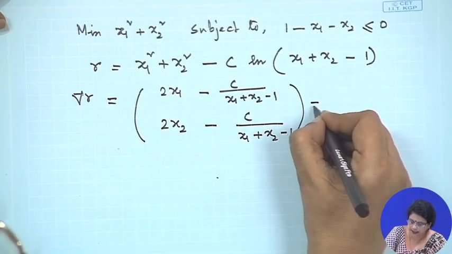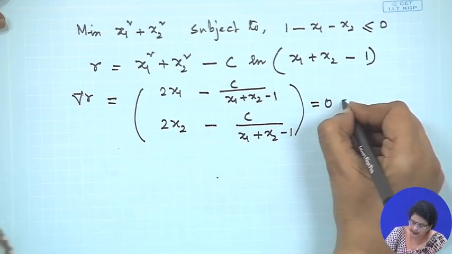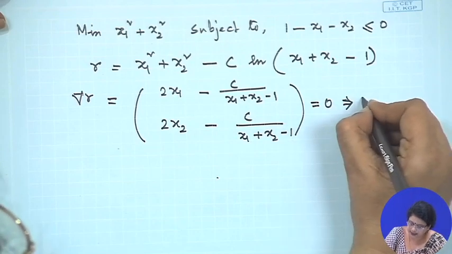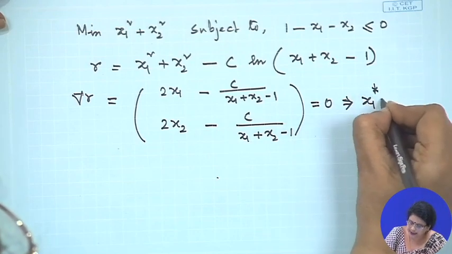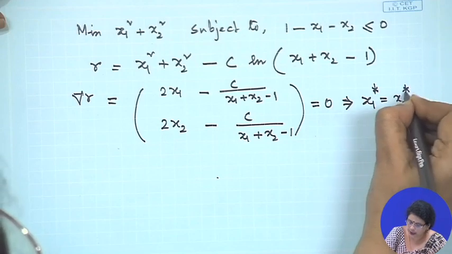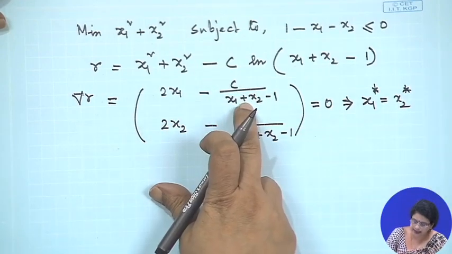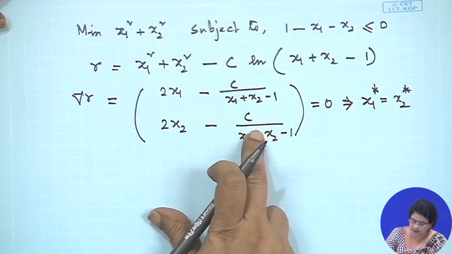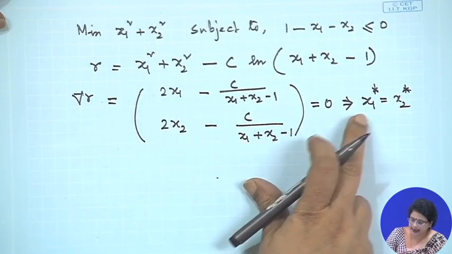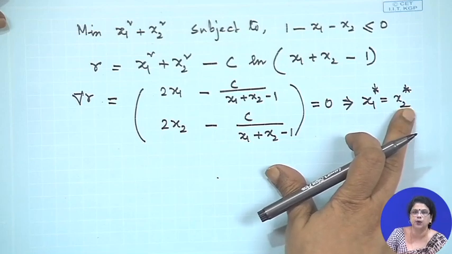This must be equal to 0, and this gives at the optimal stage x1 star must be equal to x2 star, because if we equate these two terms to 0, from there we can say that x1 star is equal to x2 star.